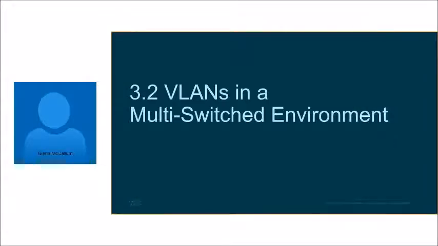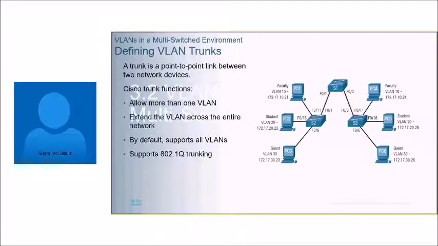Okay, VLANs in a multi-switched environment. Now, when you have VLANs with multiple switches, you need to basically create trunk ports. And so, as you can see here, we've color-coded these links as being trunk links. On a trunk link, it's much the same as, if any of you remember, what the terminology for a long-distance phone call was often called a trunk call.